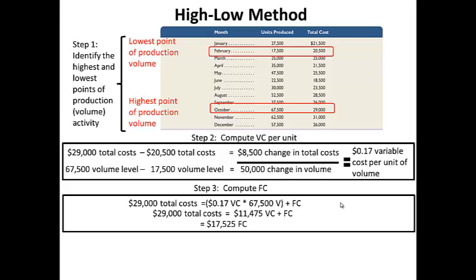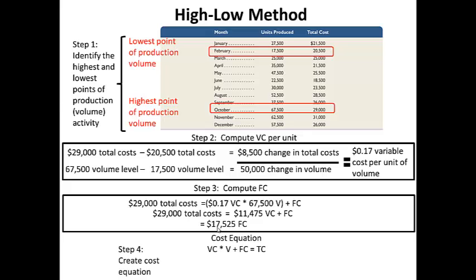Let's take a look at how we do that. The variable cost associated with this particular department, based upon the data for the full year using the high-low method, is 17 cents a unit, and we also know our fixed cost amounts to $17,525. So we can plug this information into our total cost equation, which is step 4.